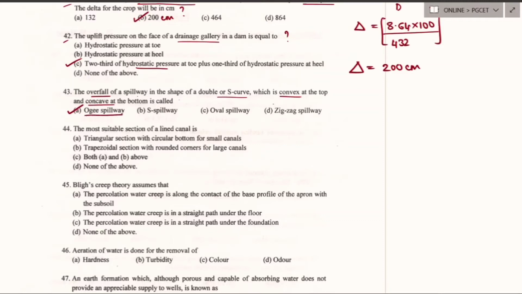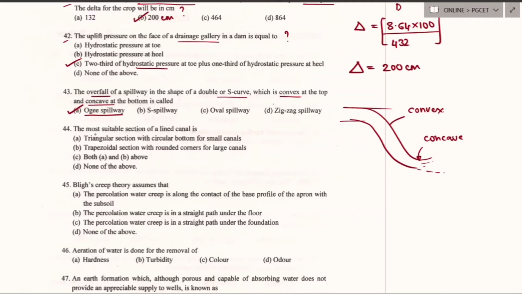In this type of the spillway, the shape of the ogee at a downstream face of the weir is based on the principle of projectile, and the section of ogee type of the spillway is like this, where convex shape will be at the top of the spillway and concave shape at the bottom of the spillway. So this is the type of ogee spillway. Option A is the right answer.